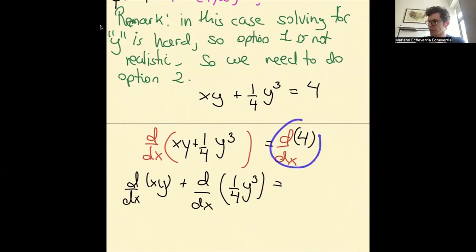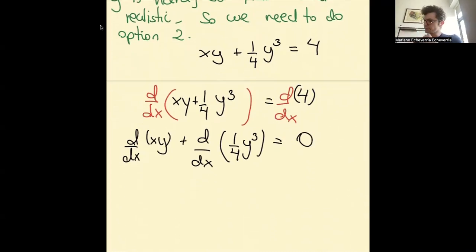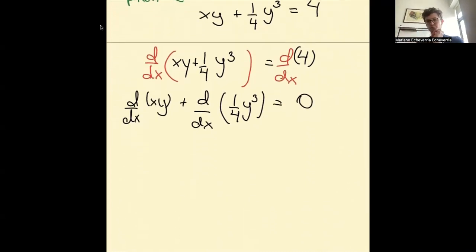And again, the derivative of a constant is 0, so that's why this becomes 0. Is that okay so far? What can you do to find this derivative?